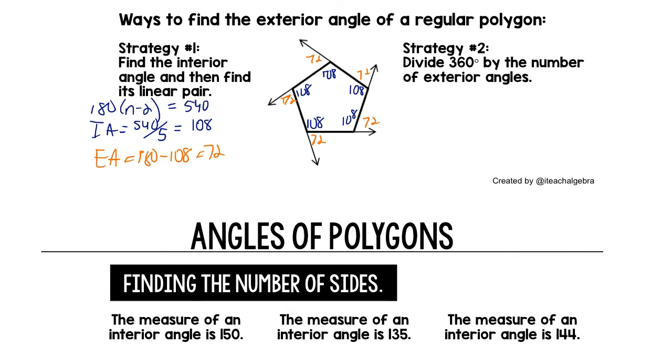Or you could divide 360 by the number of exterior angles. So to get the exterior angles, we take 360 divided by 5 and get 72. Okay, there's more than one way to skin a cat in this case. You can use either one of those, whichever one makes the most sense to you.